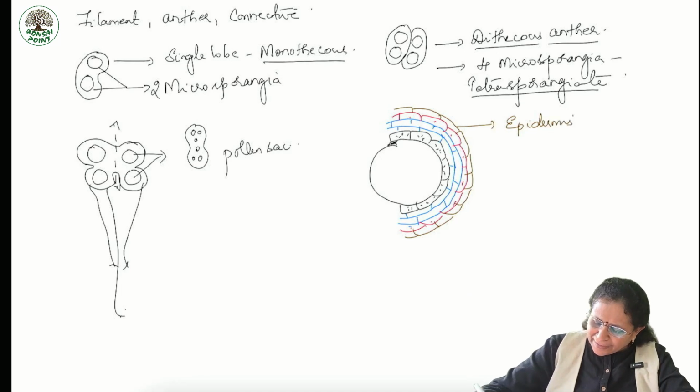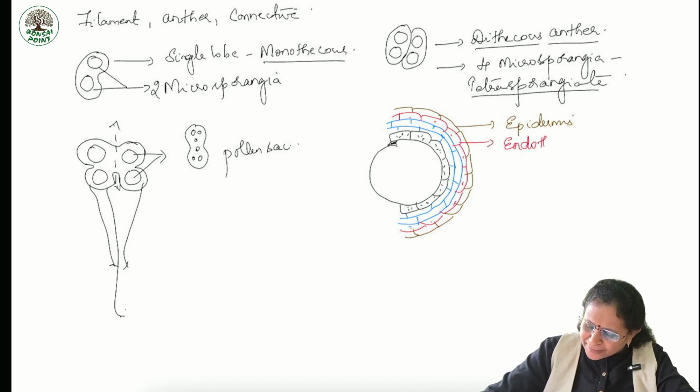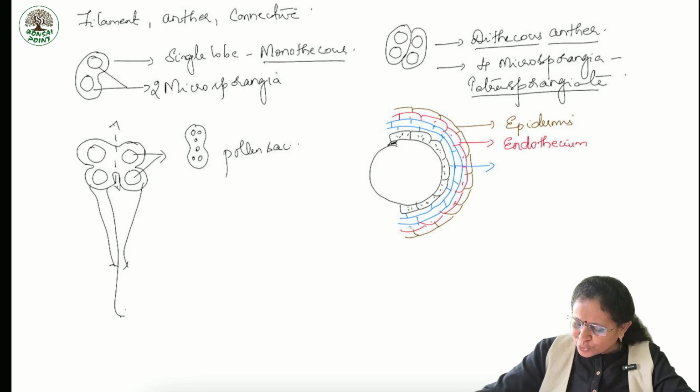The second layer is said to be endothecium. Third, I told you 1 or 2 layers, these are said to be middle layers. They are not 1, I told you 2 or 3. And finally, we have the innermost layer, which is said to be tapetum.